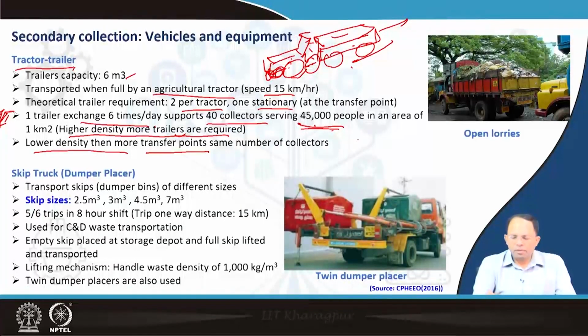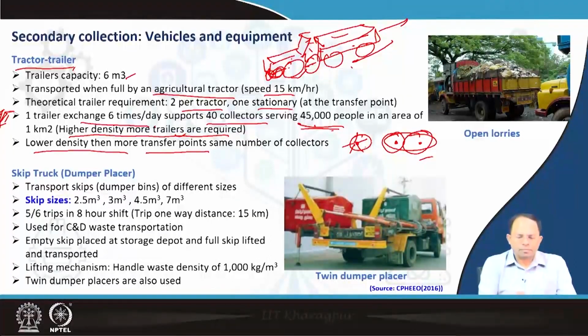If the same number of people live in this area, here we are putting a transfer point, because the rest is collected via primary collection from the surrounding area. But because this area is very sparsely developed, we have to have 2 transfer points, one for this area and one for this area. The number of collectors will remain the same, but we may have to increase the number of trailers as well.